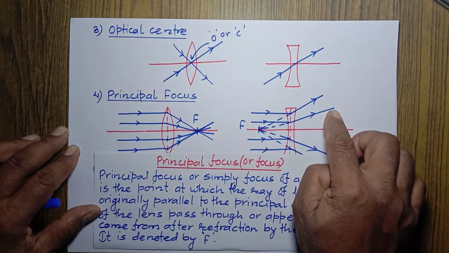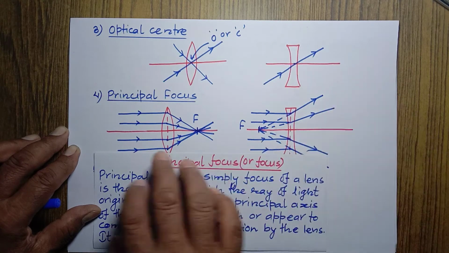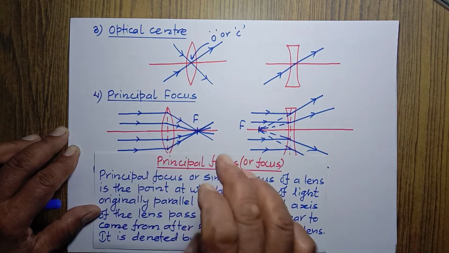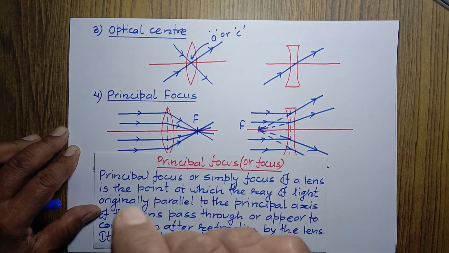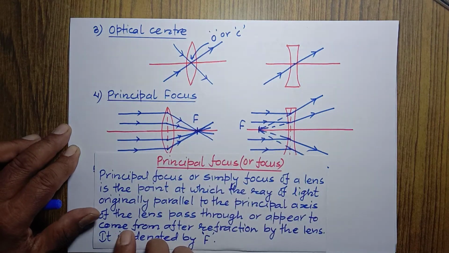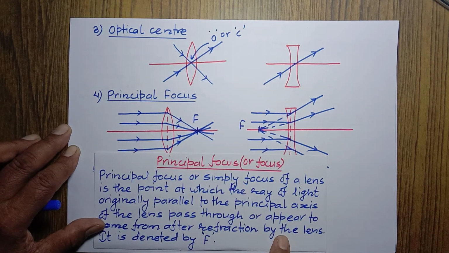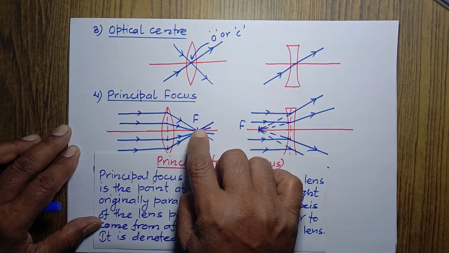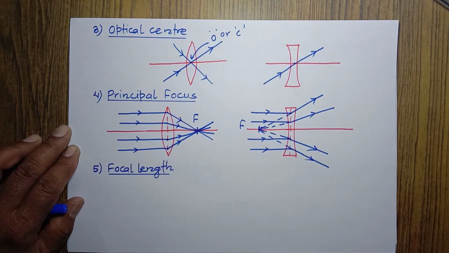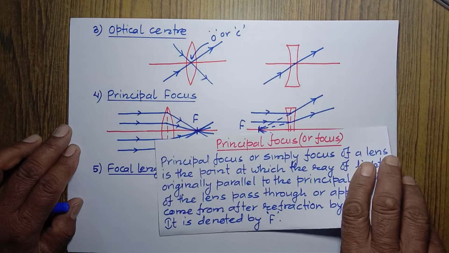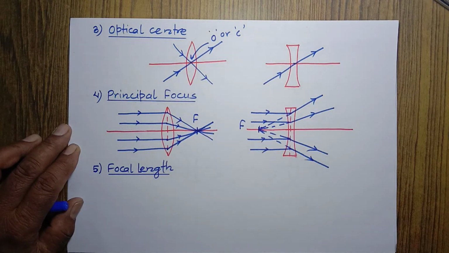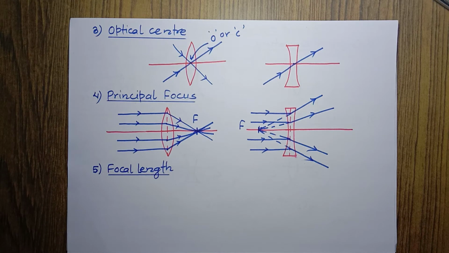In case of concave lens, it appears to come from, but in case of convex lens, it does not just appear, it exactly passes through, or appears to come from, after refraction by the lens. This is denoted by F. This way we can define this principal focus, or simply the focus.